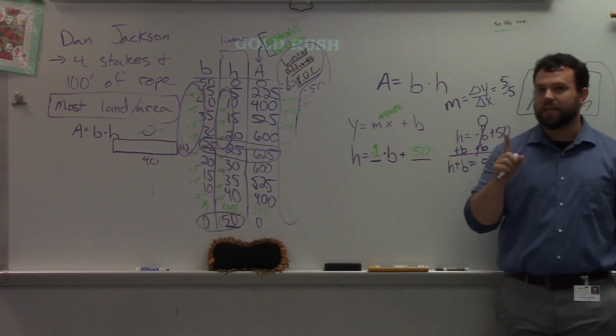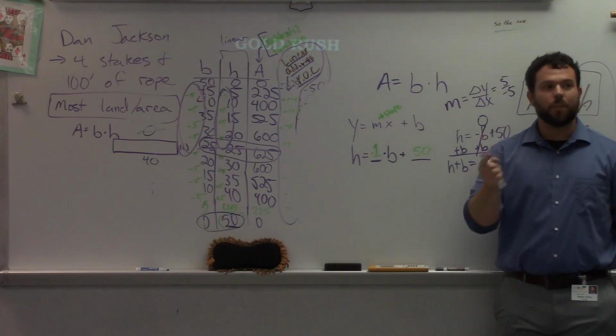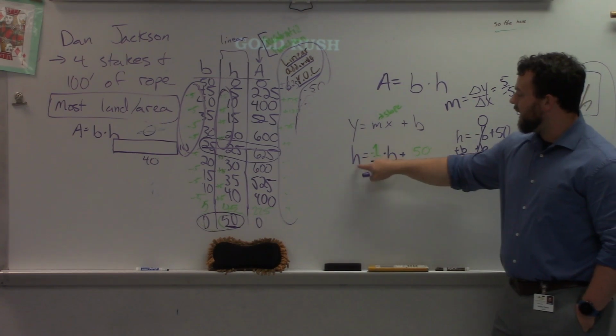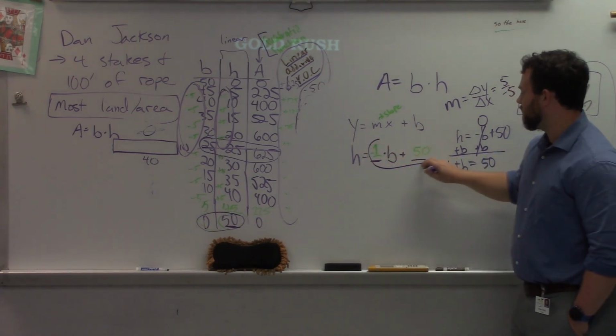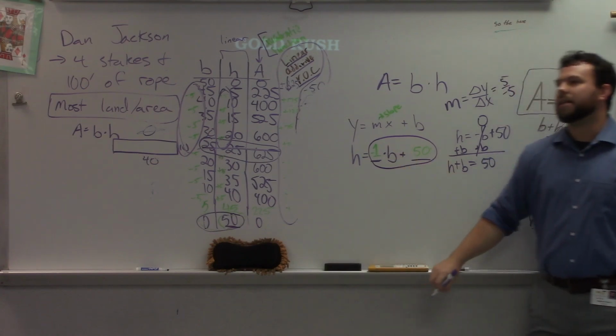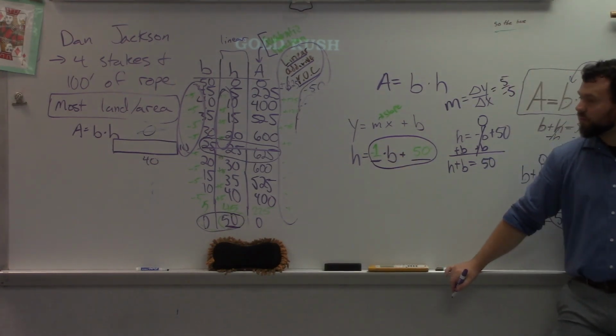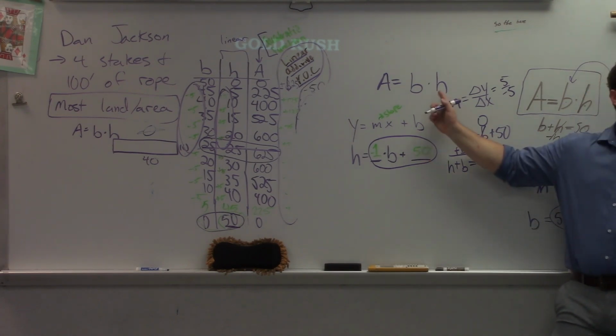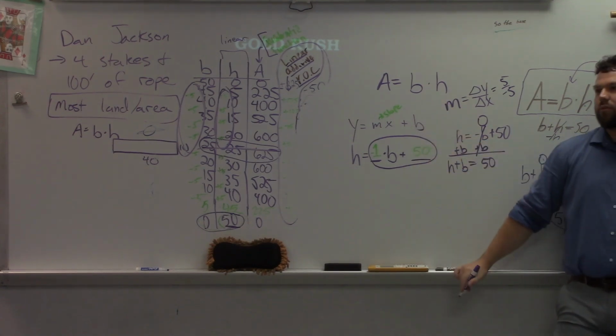Now, this is the key, right here. To help us understand the quadratics from an algebraic perspective, if h is equal to this, what can I do with that -1b plus 50? Think about this equation. What can I do with that -1b plus 50? Multiply what?